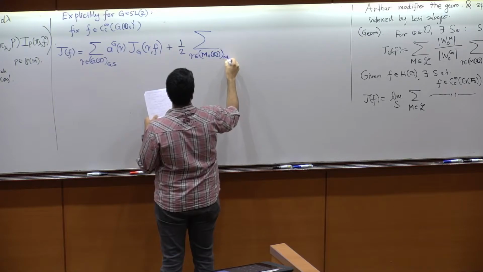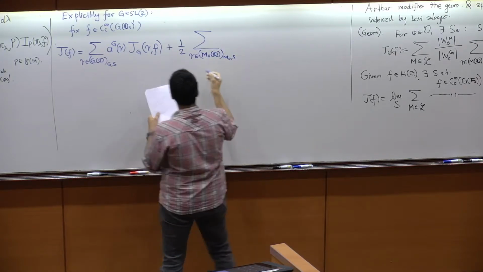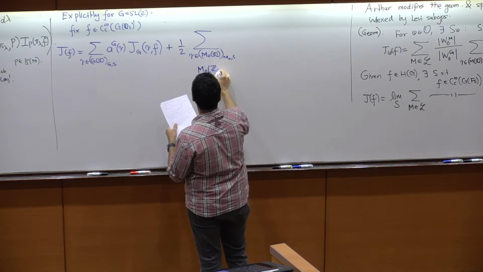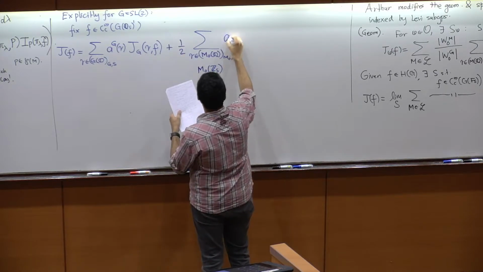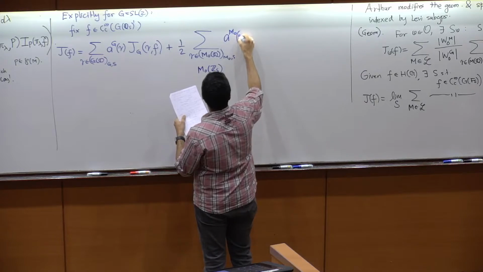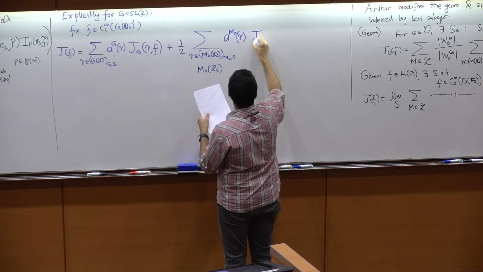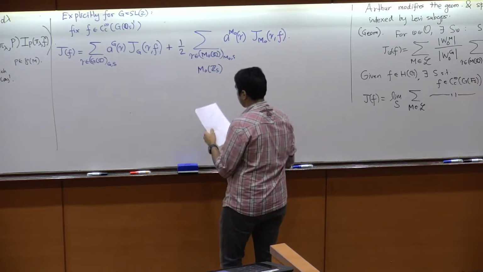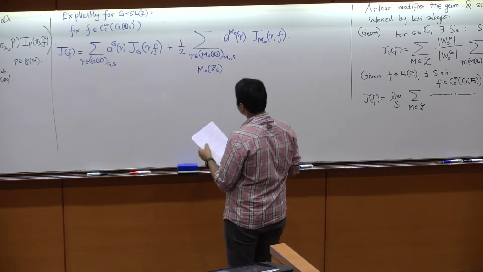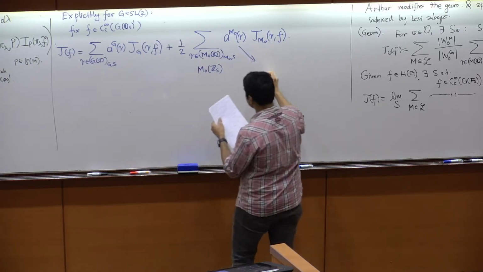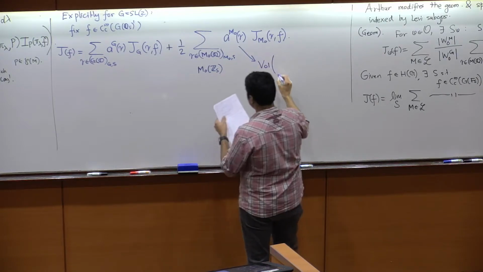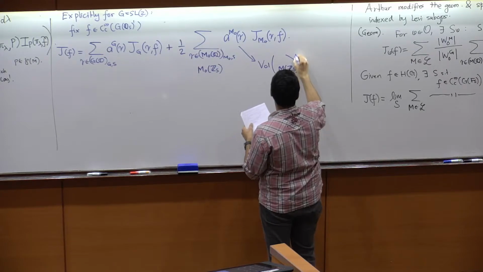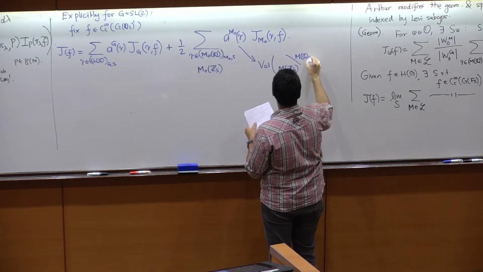So again, this is M naught S equivalence classes, but actually there is no M naught S. So this is just M naught of C(S) of A^M0(gamma) J^M0(gamma)(F). And explicitly, this is nothing but the volume of M(Z S) mod M(Q S)1.